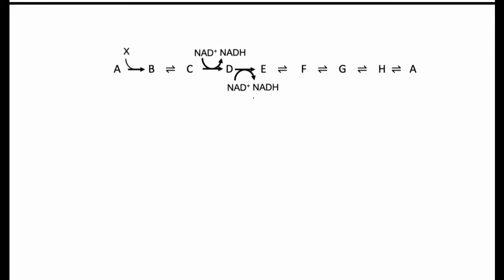Then the second thing we're going to do is apply that design to a particular metabolic pathway, the citric acid cycle. We're going to look at how changes in particular environmental conditions within the cell will affect that pathway and either upregulate or downregulate it so as to maintain a steady state within the cell.